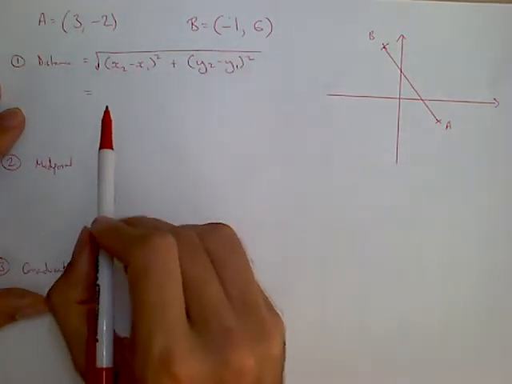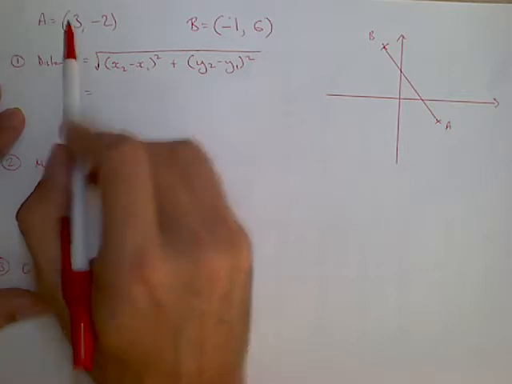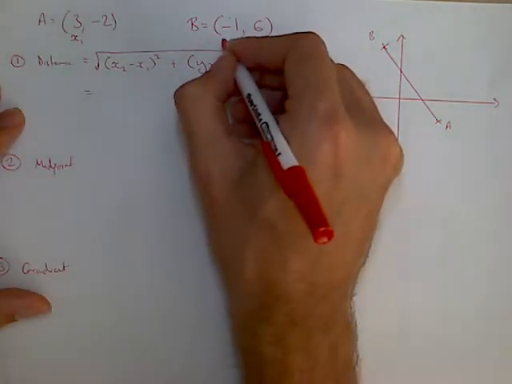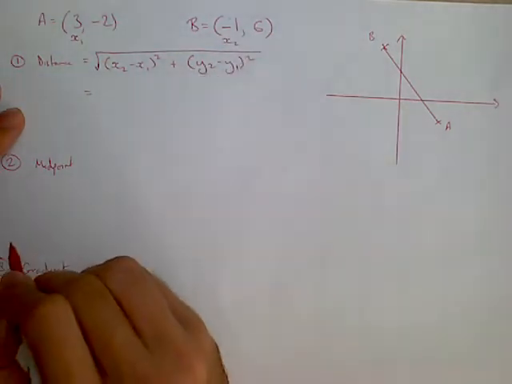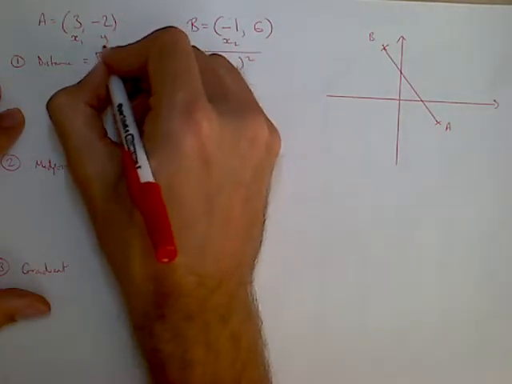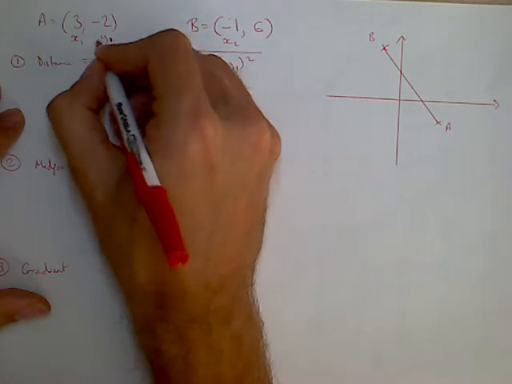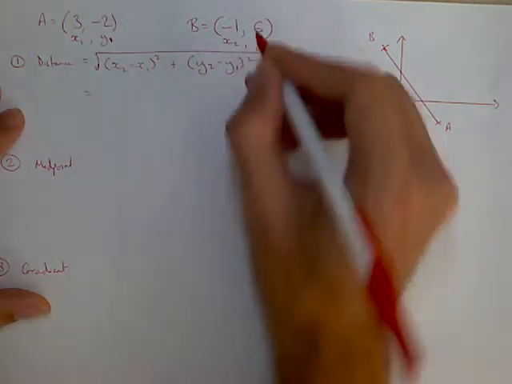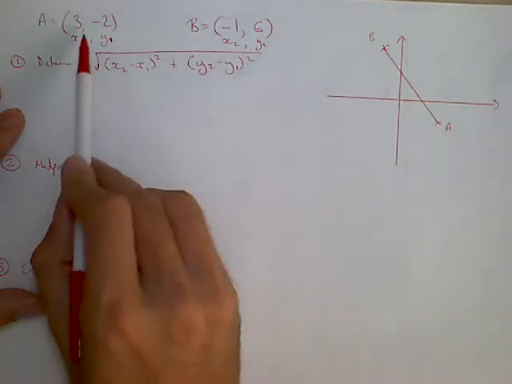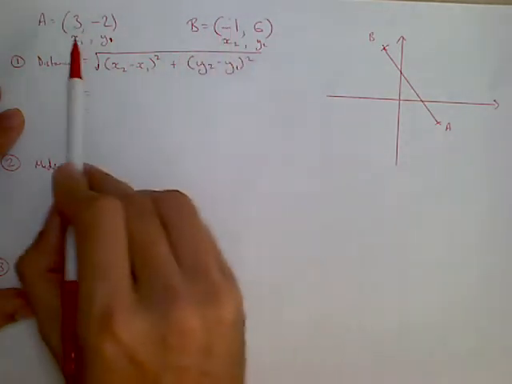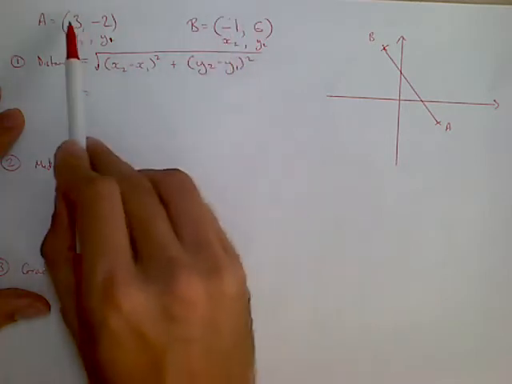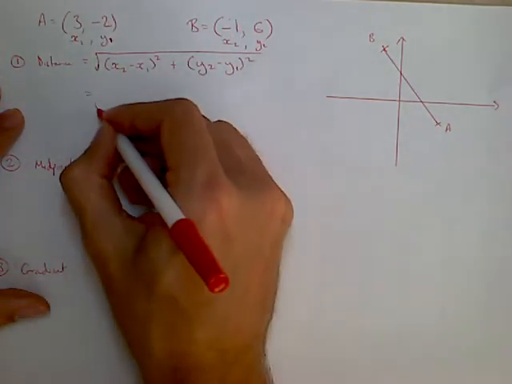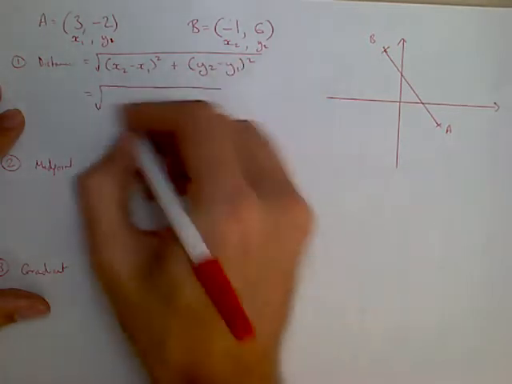So if we substitute the numbers in here, we can think of the 3 as being x1, the minus 1 as being x2, the minus 2 as being y1, and 6 as being y2. So 1 denotes first point, 2 denotes second point, first number x coordinate, second number y coordinate.